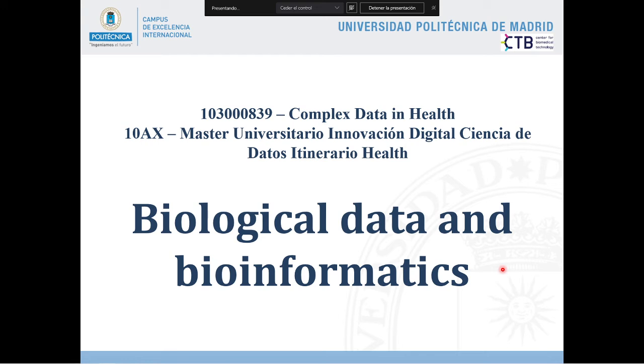I hope you have a global vision of what we try to do in bioinformatics and how the data in these kinds of approaches is growing and growing, and how we have to know some biology to be able to interpret it.